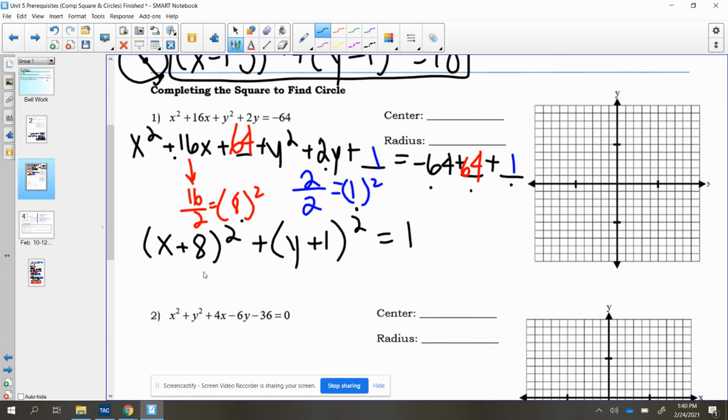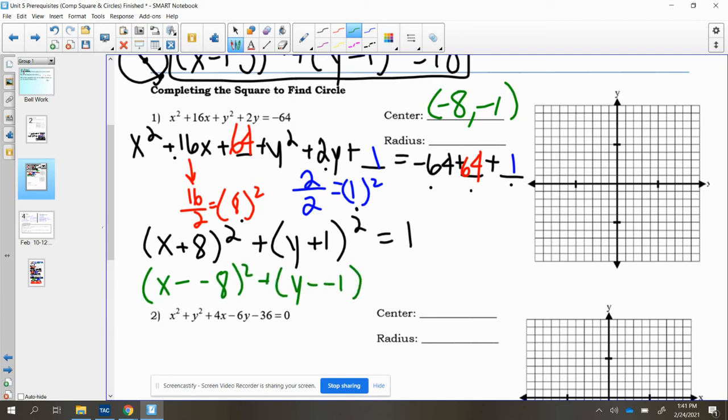What this is going to allow us to do is identify some key pieces. First and foremost, the center. If we're at x plus 8 and y plus 1, that means that our center is going to be at -8, -1, because it's like saying minus -8 and minus -1 for our x and our y. So -8, -1 would be our center.